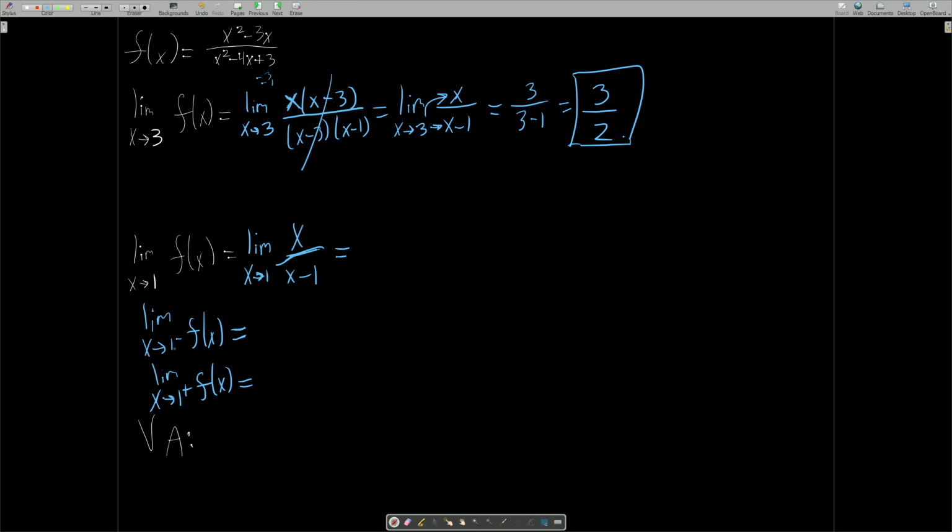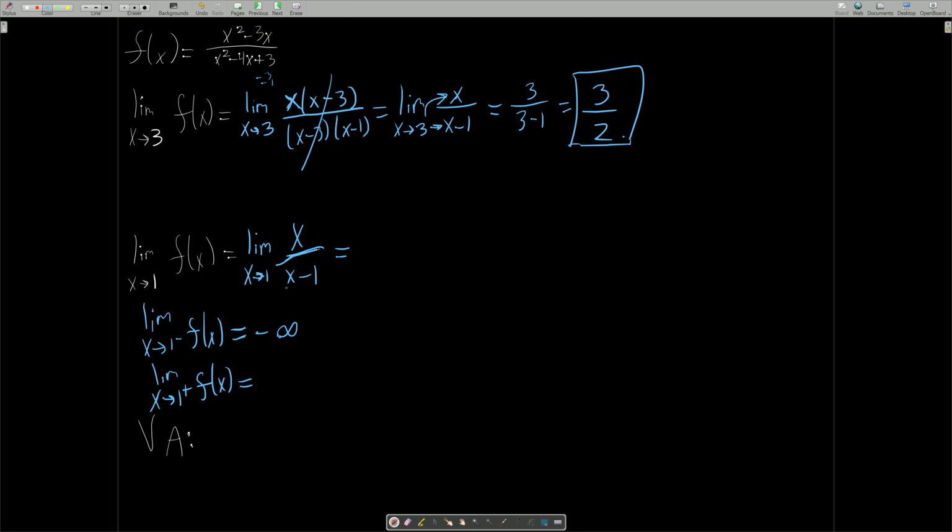But x approaches 1 from the left, so I'm not going to write it out this time. It's going to be like 0.999, right? And 0.999 minus 1 is going to be like -0.001. So you're going to have a small negative number in the denominator, and that's how you know it's approaching negative infinity.